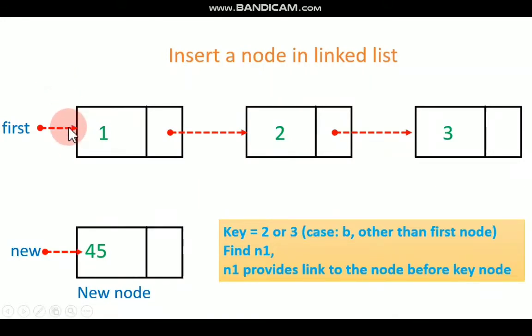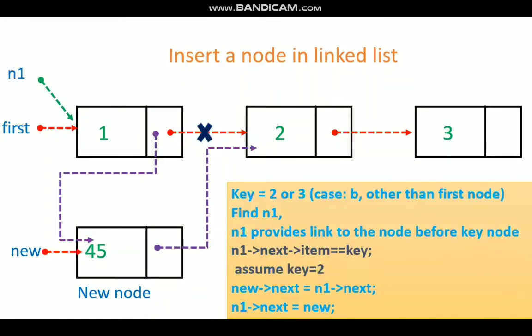For that, we will write a statement like this: n1 arrow next arrow item is equal to key. If it finds it, then n1 is pointing here.